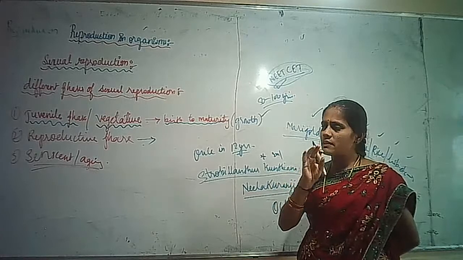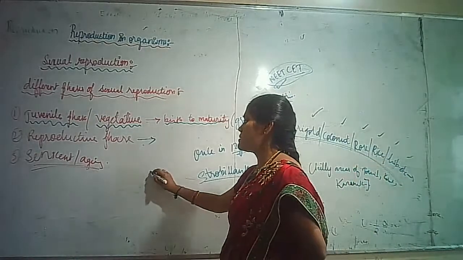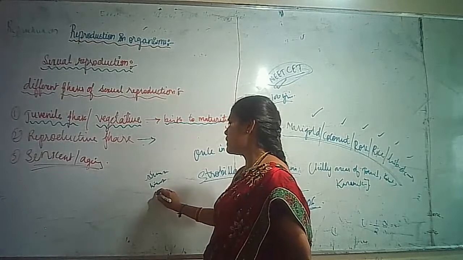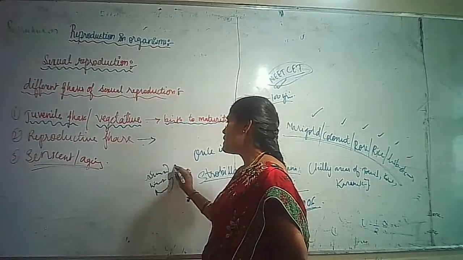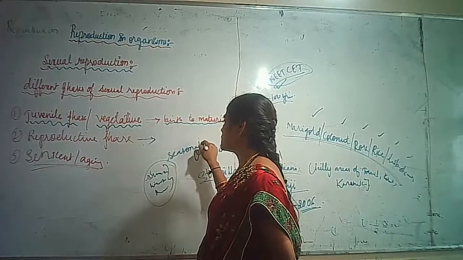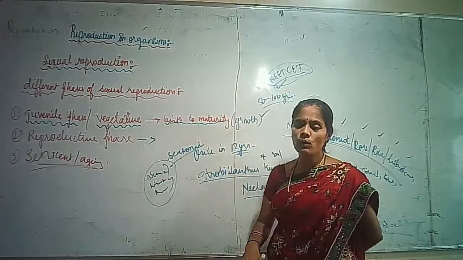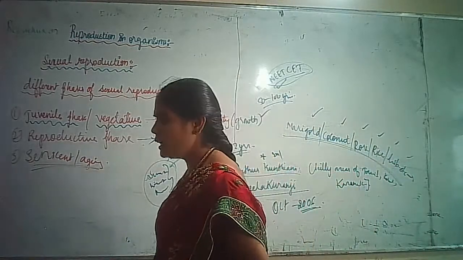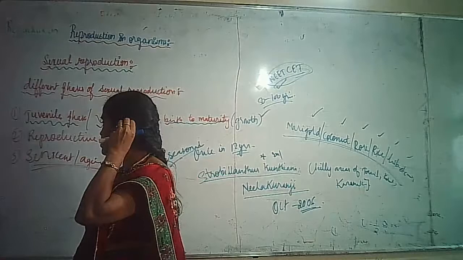Some of them lay in the summer season, some in the winter season, some in the rainy season. So I can call them seasonal breeders. It means only in a particular period of time are they capable of reproducing after their maturity.